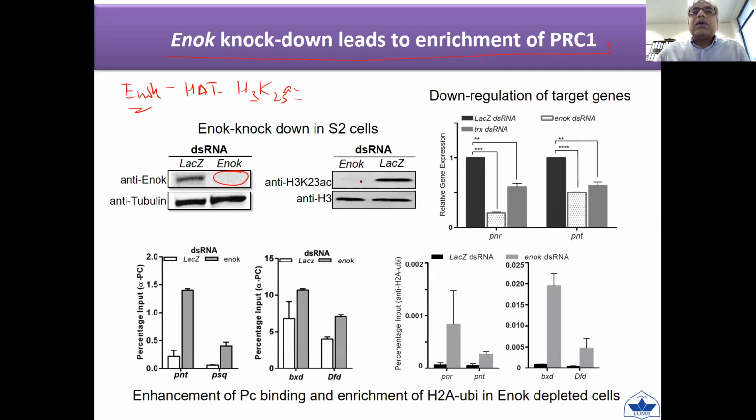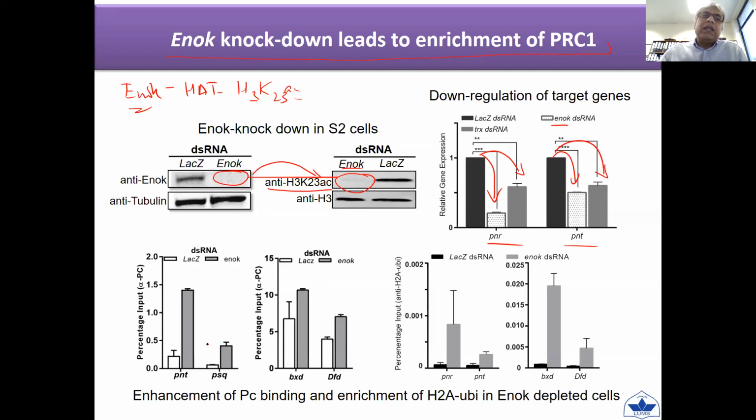So this is just validation that using anti-H3K23 acetylation antibody, you don't see acetylation anymore when you knock down. However, we knew that PNR and PNT expression also goes down after knocking down Enoch, just like the trithorax group.